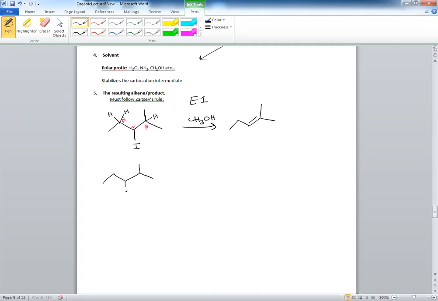If we would like to show the mechanism, remember, first step is breaking this bond, right there.